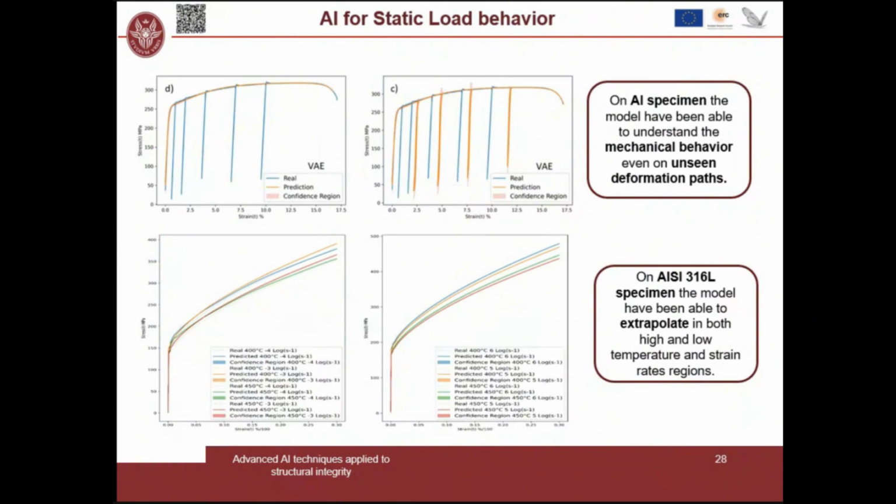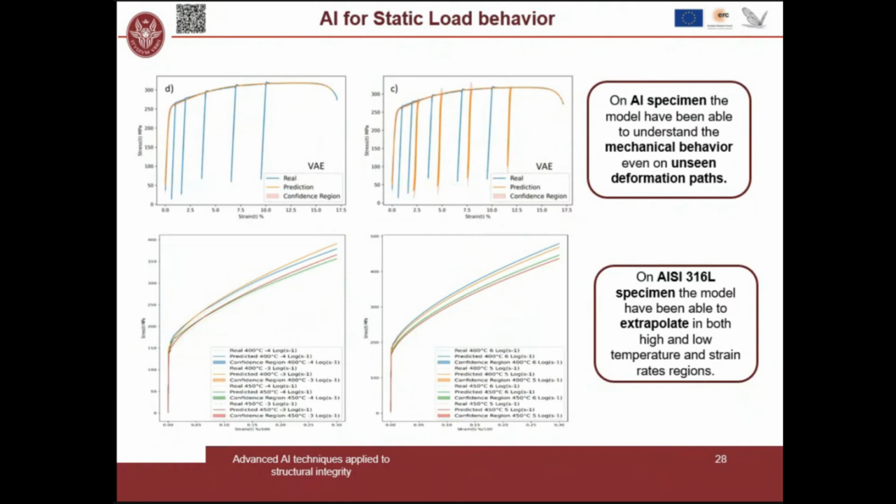And here, for example, there are some predictions done on an aluminum specimen. It was not a really particular aluminum specimen, but as you can see here, the training data is the blue one, and the orange one is the prediction. And mind that I asked it here to predict just a static load, so without any unloading, just a complete loading.